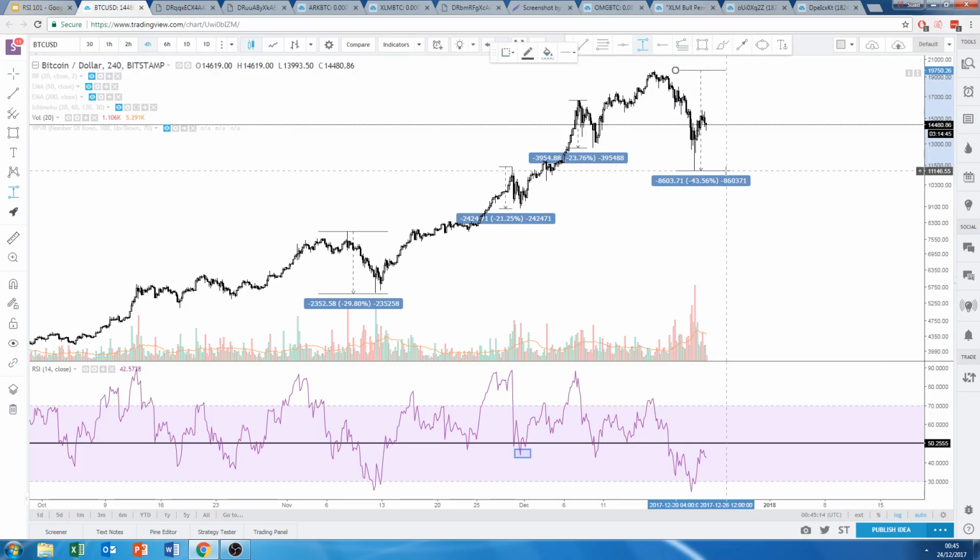And look at that, 43% or so on the break of this 50 midpoint way. So it's not even just a question of the midpoint value acting as support and resistance. You can also get an idea of how big or how violent the correction or the bounce will be based on how far the RSI deviates from the midpoint line.